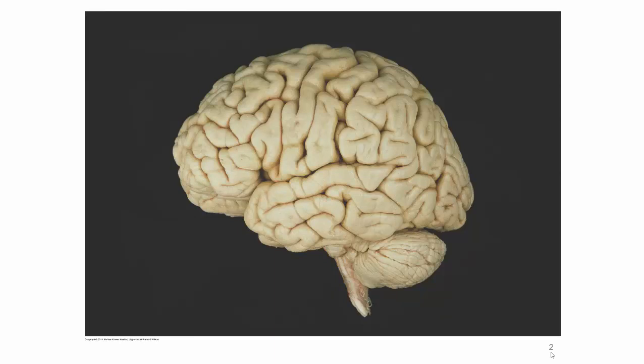We'll start off by looking at this lateral view of the brain. There are a couple of features here that we have to identify. Firstly, as you can see, we have the cerebellum over here. This entire thing is called the cortex.